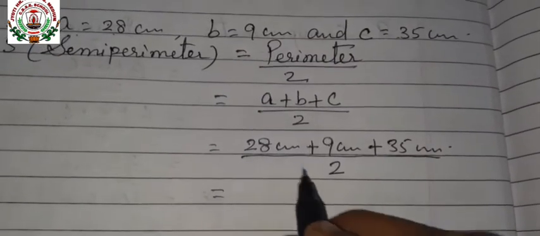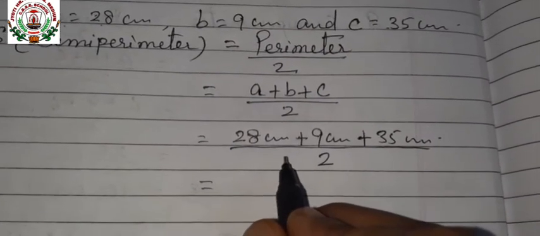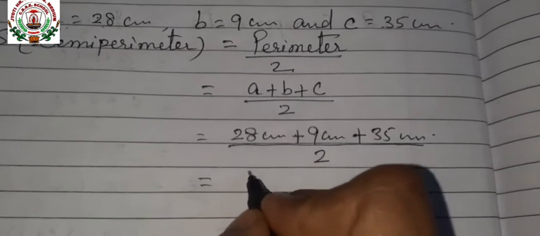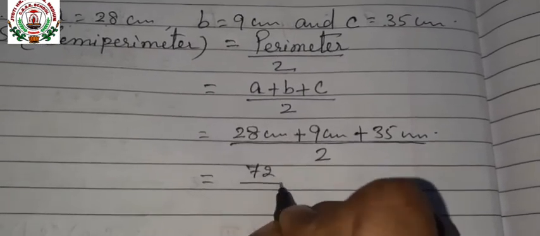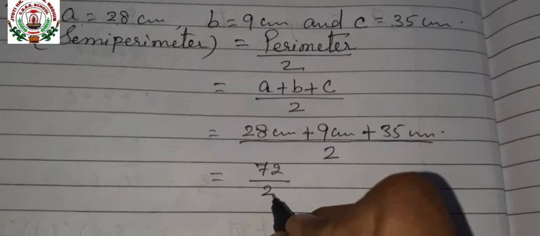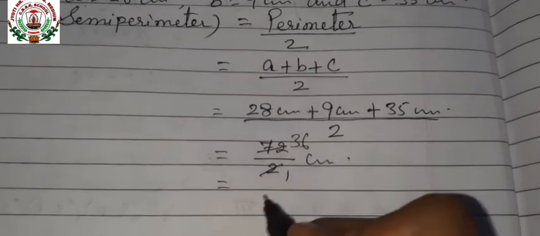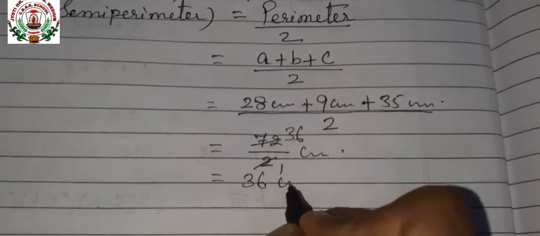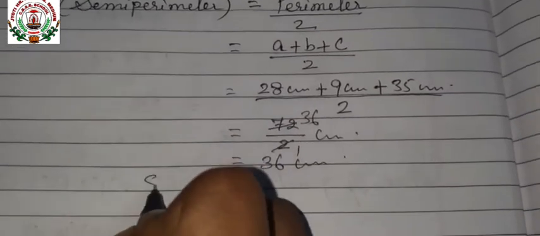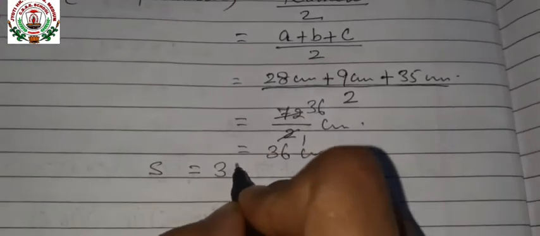Now on adding this all, we'll get 72 upon 2 cm. On cancelling, it equals 36 cm. S equals 36 cm.